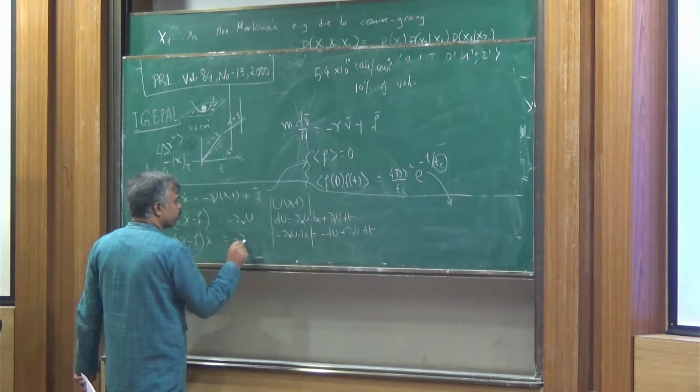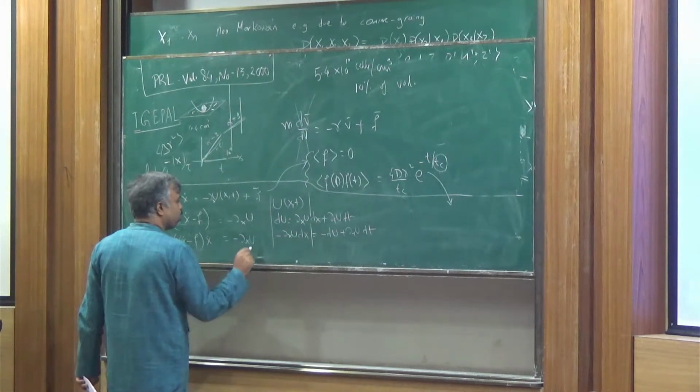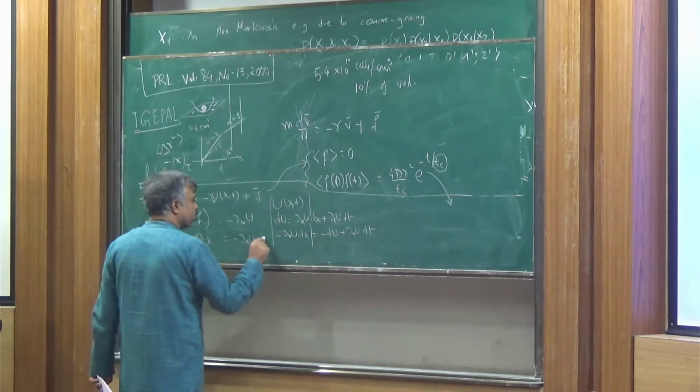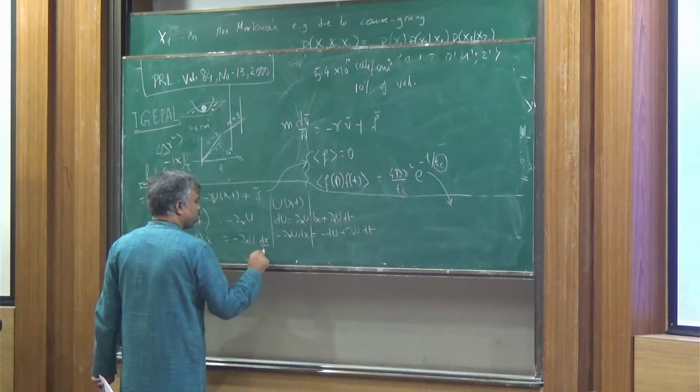I have to multiply this side as well. Del x into dx dt.